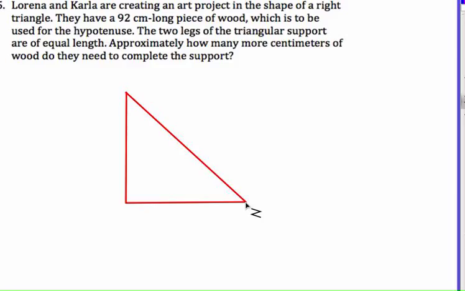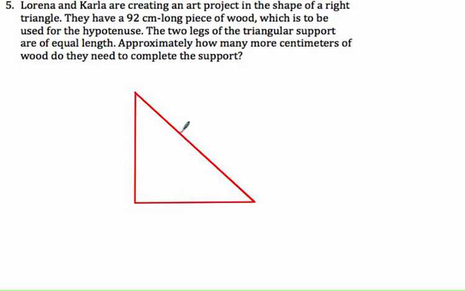There's my right triangle. They have a 92 centimeter piece of wood, which is to be used for the hypotenuse. So this is a 92 for the hypotenuse.